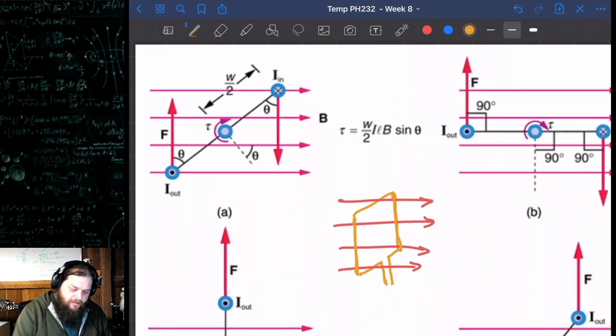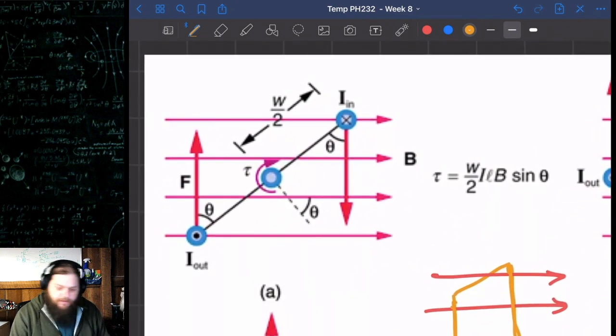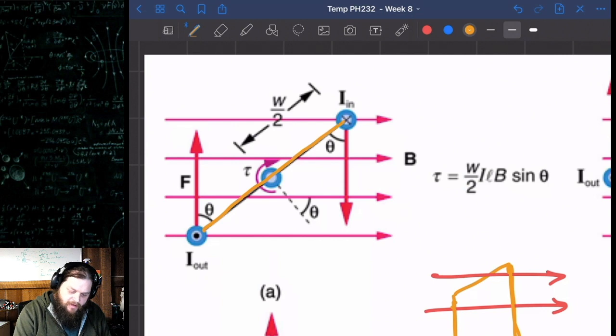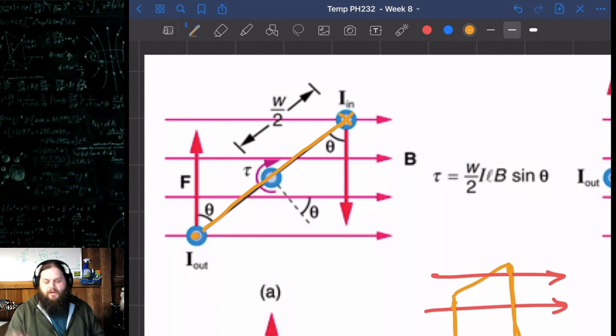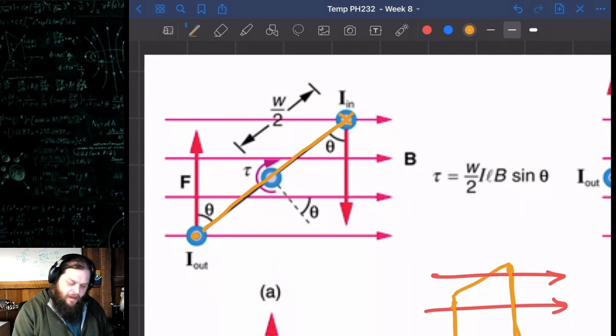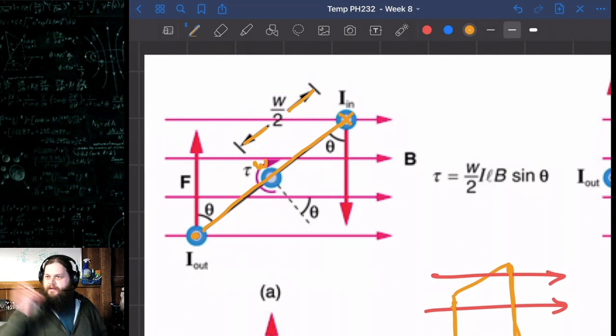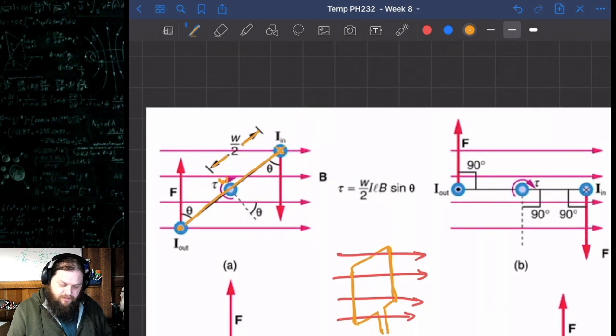Looking at this first diagram, I'm going to zoom in here. You can see my width is this length all the way across, and we're coming out of the page here and going into the page there for our current, because that current's going to flow in different directions on those two posts on the side. We're calling this our width, so half of the width is going to be the distance from the end to the center of rotation. And you can see that the torque is going to be defined.